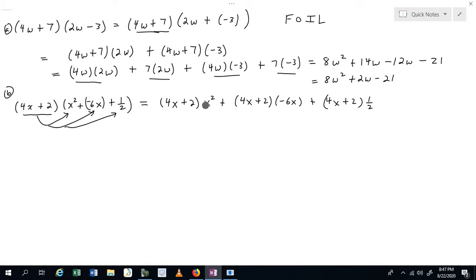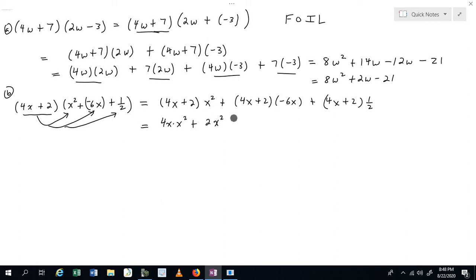And then we just have to go through and now distribute the x squared, the minus 6x, and the 1/2. So distribute the x squared to this term, distribute it to this term, and that's what we get when we distribute there.